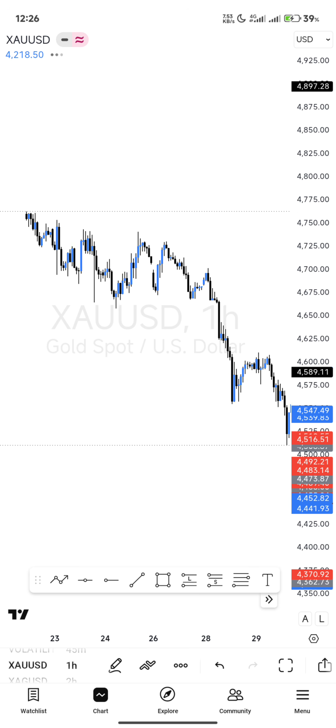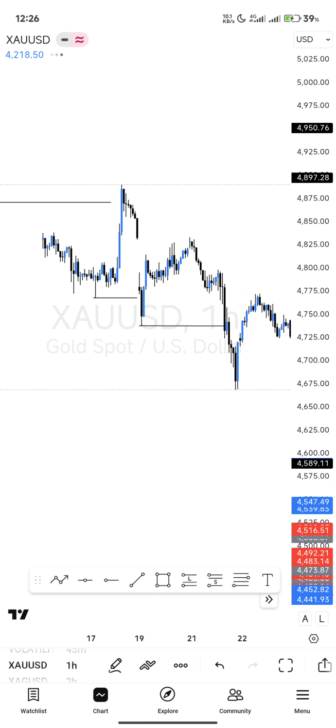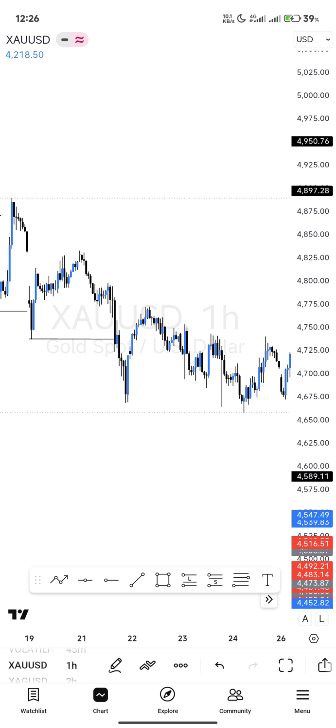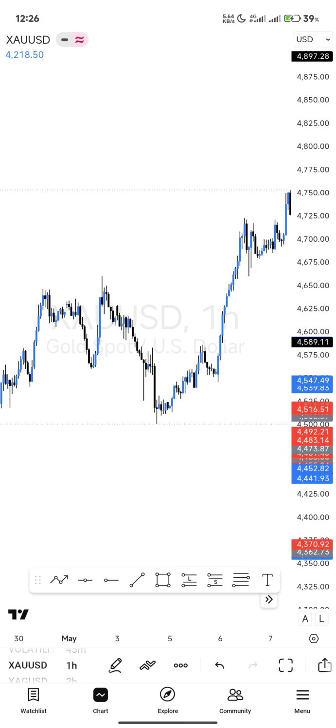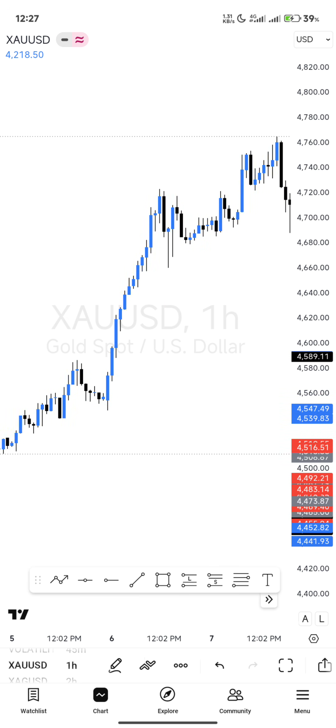Okay, I'm just trying to look for a perfect example. All right, but you'll find a lot of fair value gaps in the market. And we're going to talk about the ones to pay attention to when we talk about putting it all together.